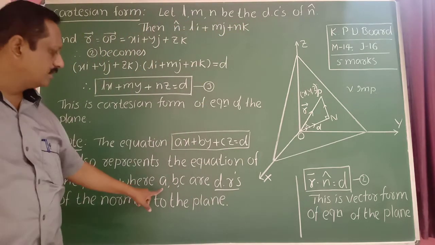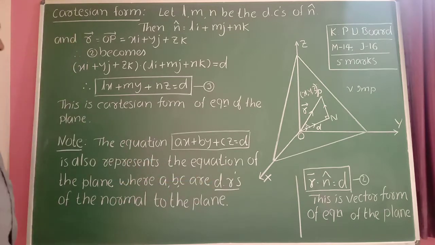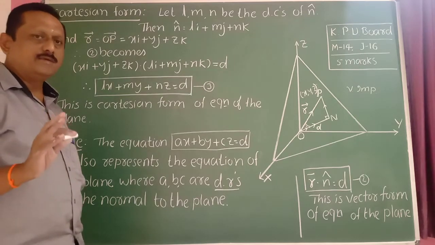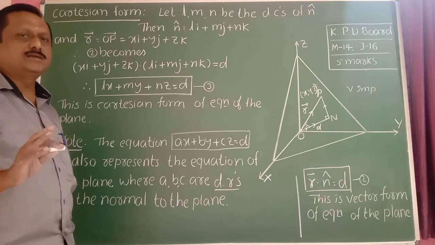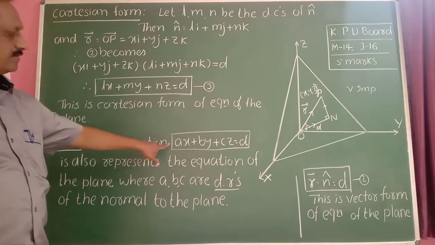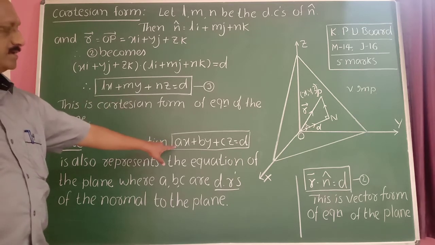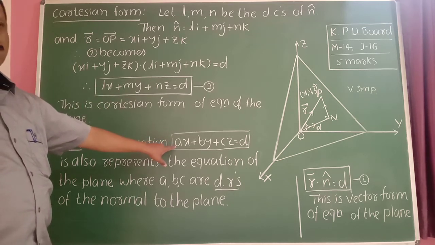Here a, b, c are direction ratios of the normal to the plane. Because you know, direction ratios and direction cosines are proportional to each other. Even this is also the equation of the plane here. Here LMN are the direction cosines, here ABC are direction ratios here. Okay.